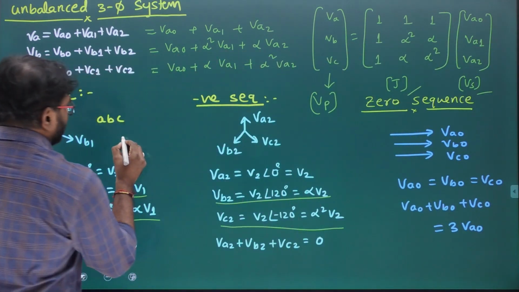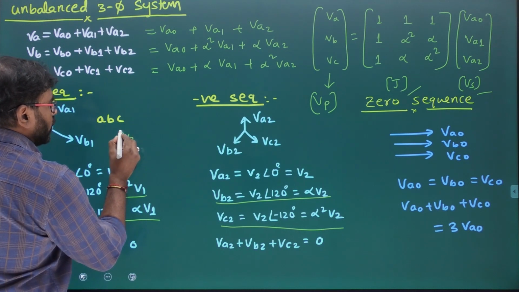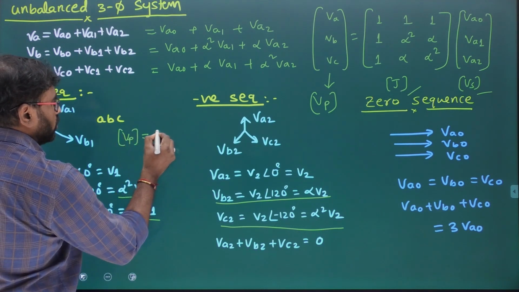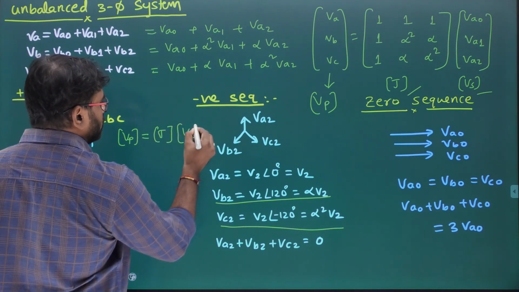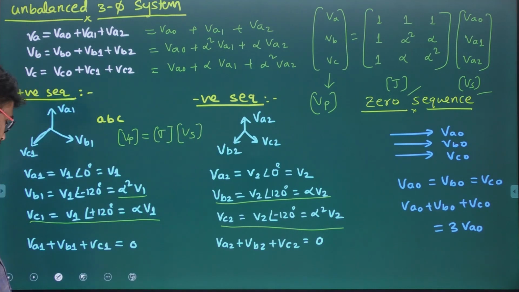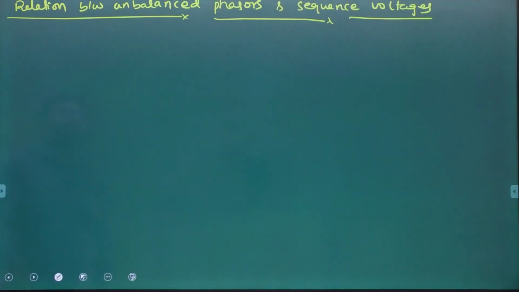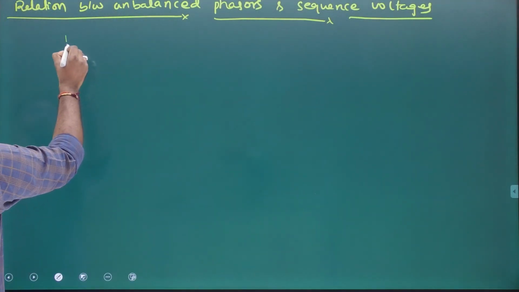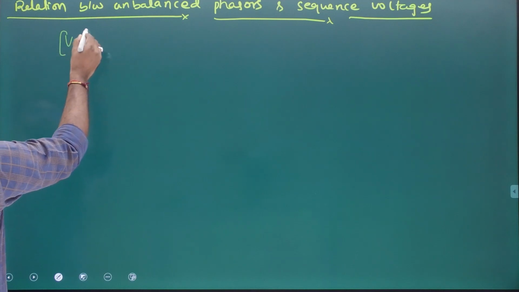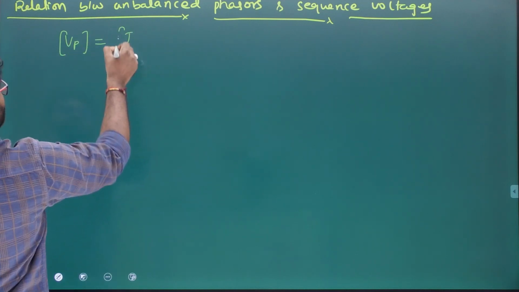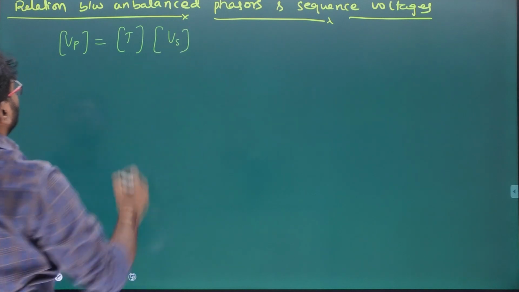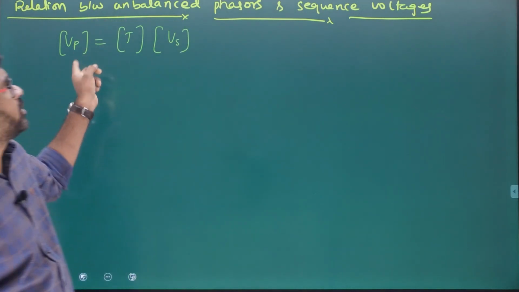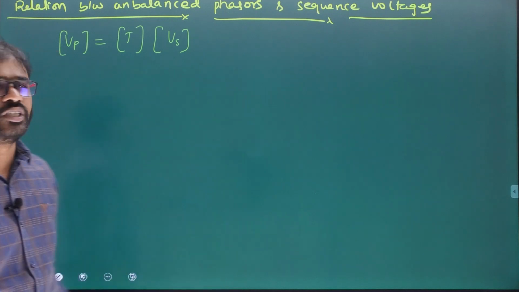So what you can understand here, we can write like this: VP equal to T times Vs. Correct or not? Clear? That is the relation between unbalanced phasors and sequence voltages.